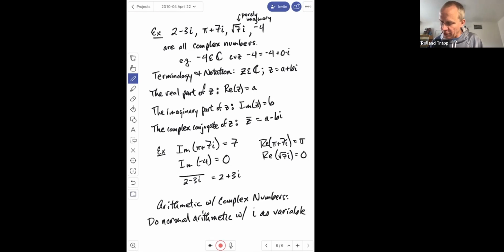So in your mind anyway, if you see 2 minus 3i, you think 2 minus 3x, okay? So you do normal arithmetic with i as a variable, and then you remember that i squared is -1.